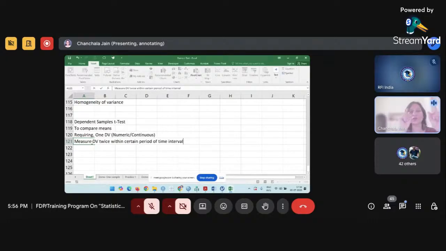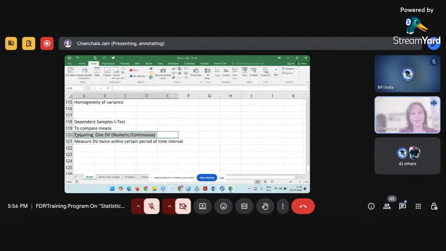So I have only a single variable, right? The performance variable. Twice I am measuring this variable using the marks and all, right? Second thing, I have the same sample. So here the condition is that you require the same sample.